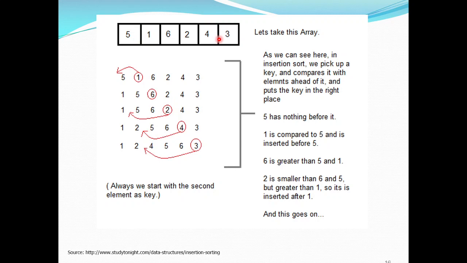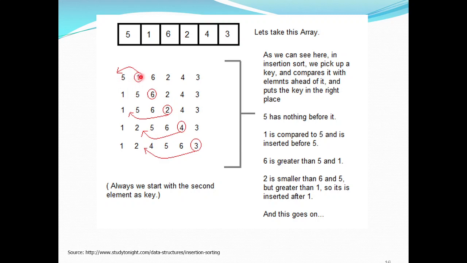When we want to do the sorting using insertion sort, we start with the second element, index 1, and compare with the first element. Is 1 smaller than 5? Yes, so the condition is true.